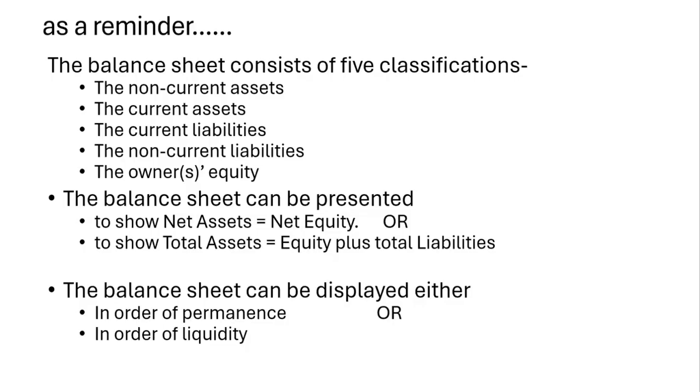So there's no law saying you can't do it one way or the other. It's all up to you. The key thing is that you must maintain the classifications, so the entries in the classification must remain faithful to the classifications.